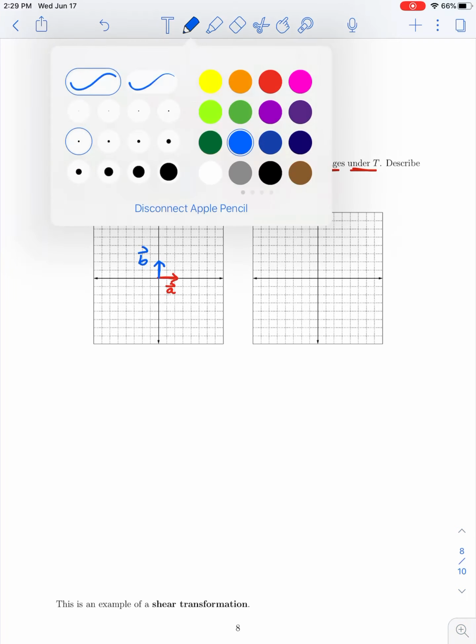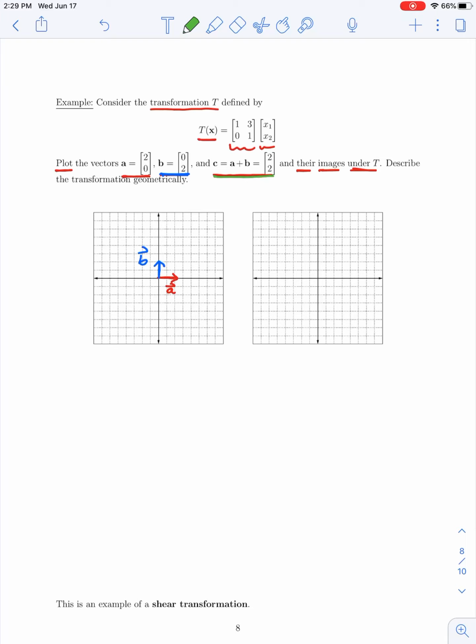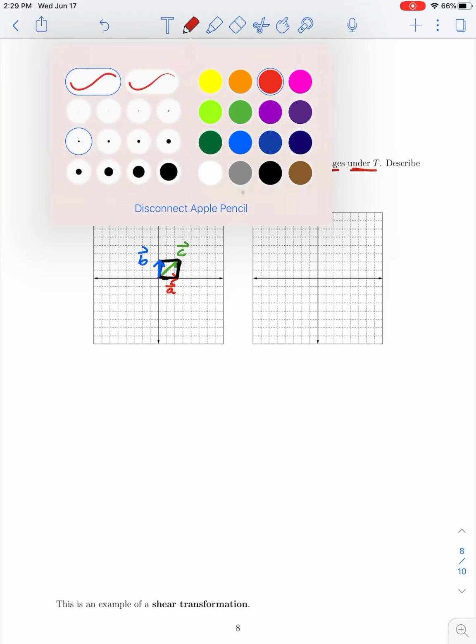And then we had the sum of these two vectors, C, which was (2, 2), so we're moving from the origin to the point (2, 2). We can see that sum represented here by the parallelogram rule. If we think about a parallelogram formed by the vectors A and B, we see that we have a little square here, and the diagonal of that square is the vector C, their sum.